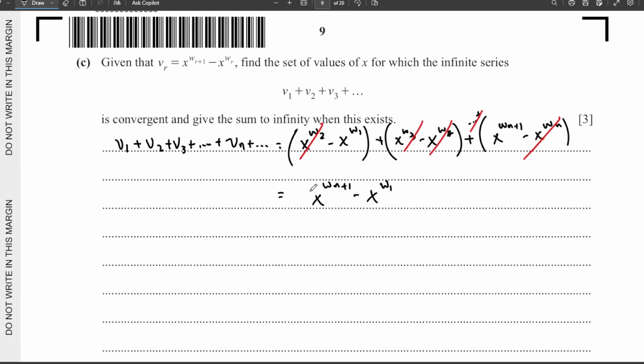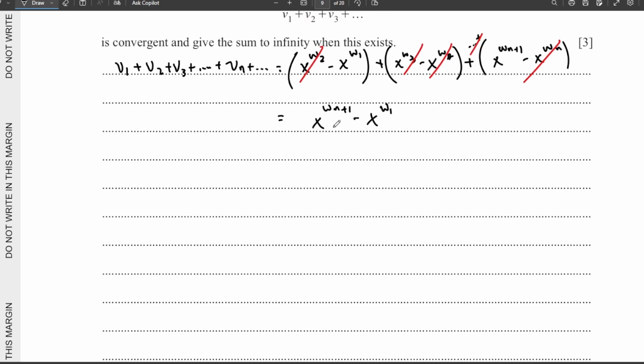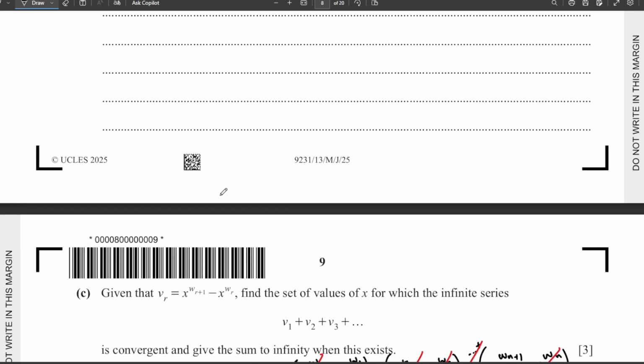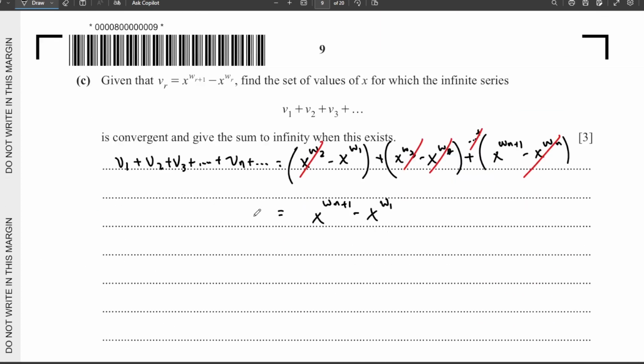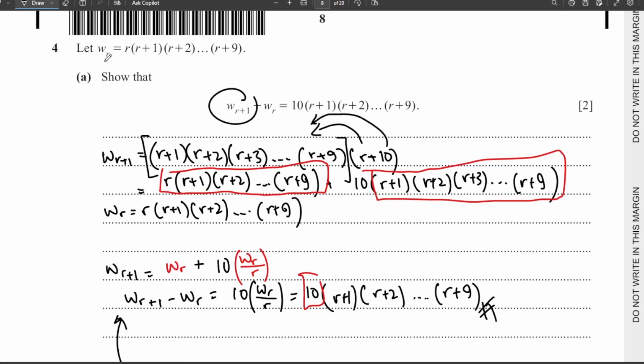So again, this is an exponential kind of thing. So let's recall the exponential behavior. Since this Wn plus 1 is a very large number, and n itself is already a very large number, and Wn is sort of a factorial thing, right?